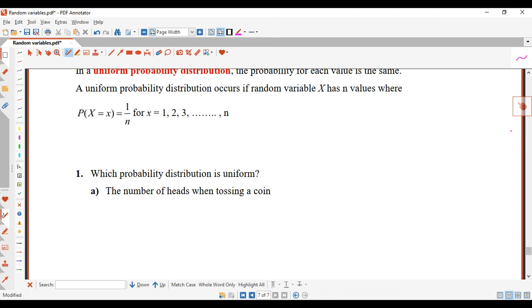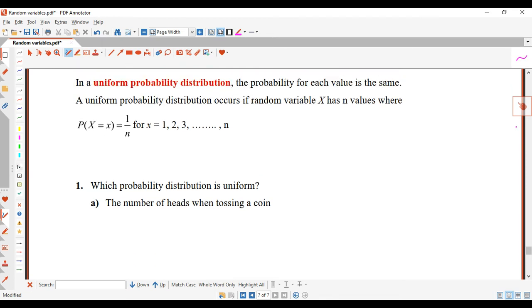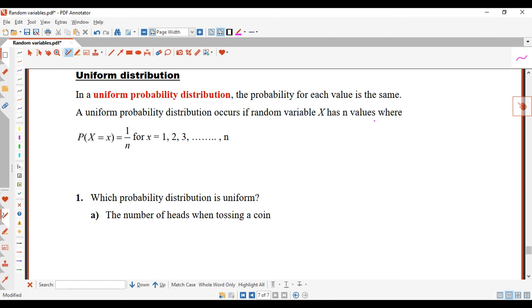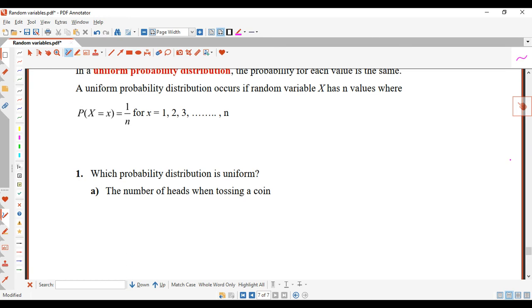So the probability of X equals x is 1/n for x equals 1, 2, 3 up to n. A classic case would be rolling a die. Each number on the die is equally likely to occur, which is 1/6. So that's a uniform probability distribution.